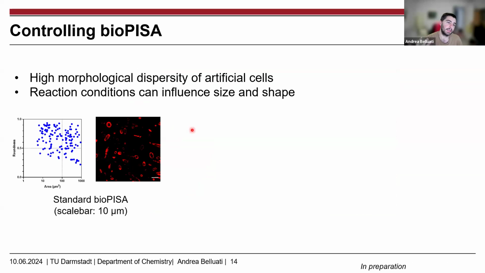As we said, there is a high dispersity of these artificial cells. They have bigger, smaller, elongated, rounder, and whatnot. So you can see here the standard bio-pizza reaction.